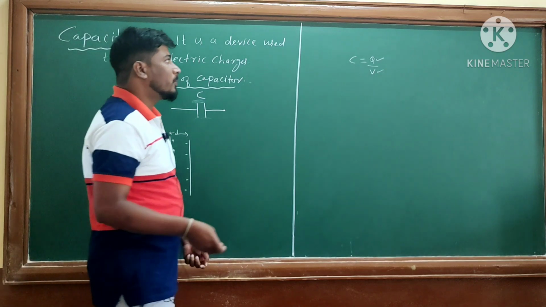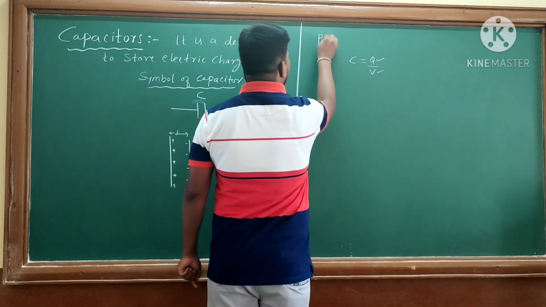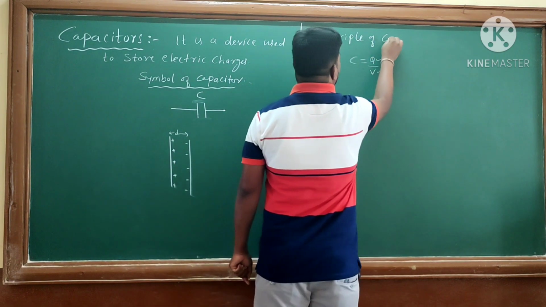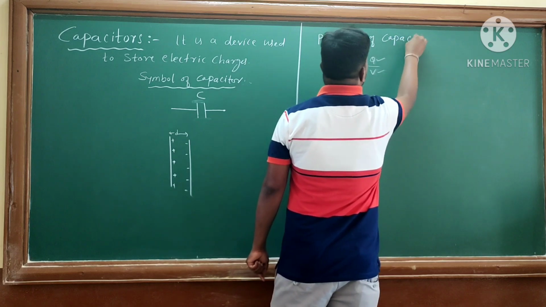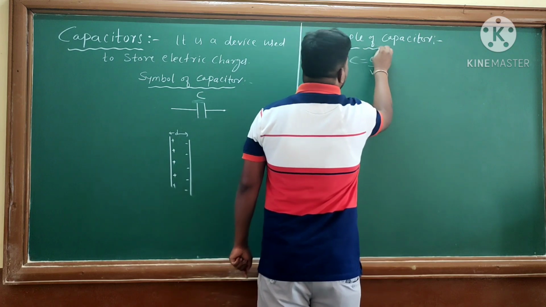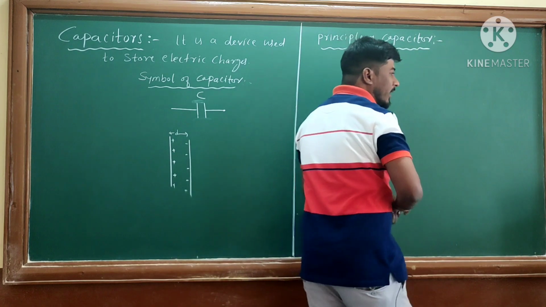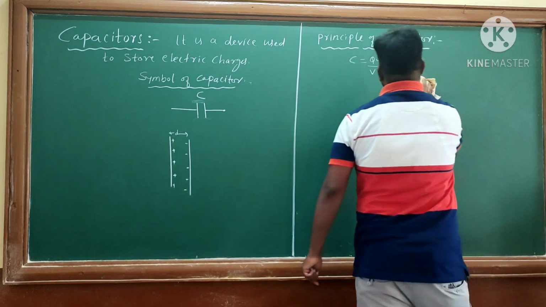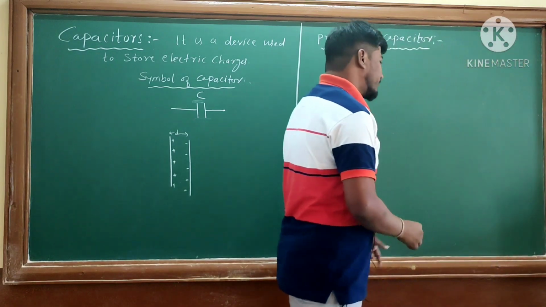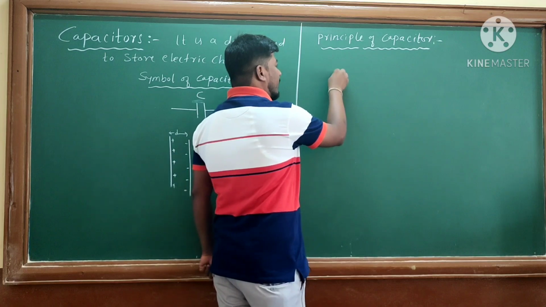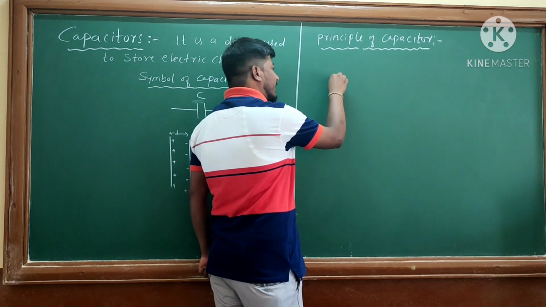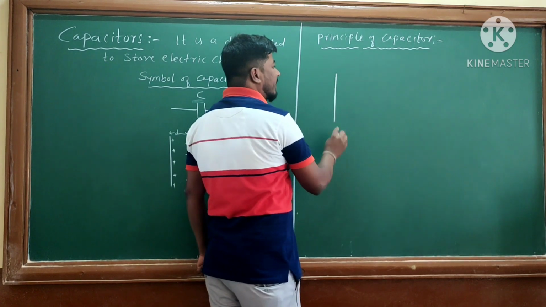For that we will talk about the principle of capacitor. The principle of capacitor explains how charges are stored inside the conductor. I am explaining here how the capacitor stores electric charge.